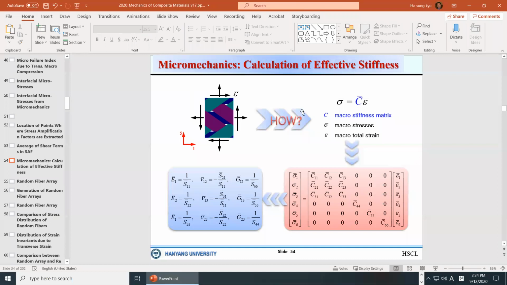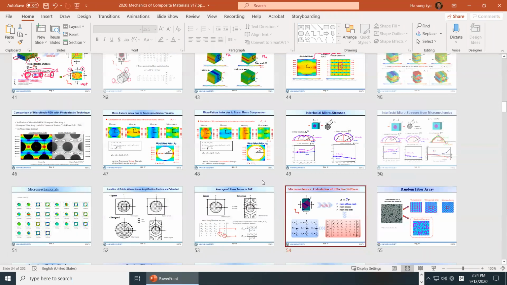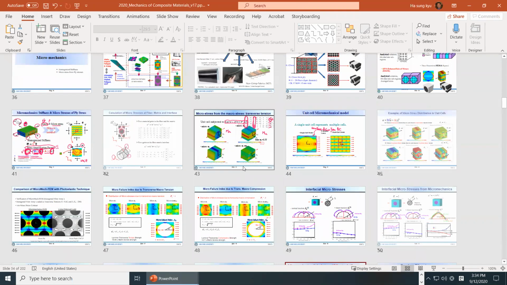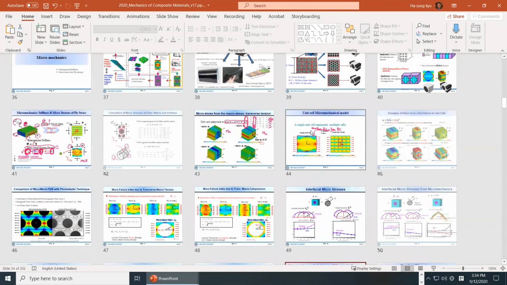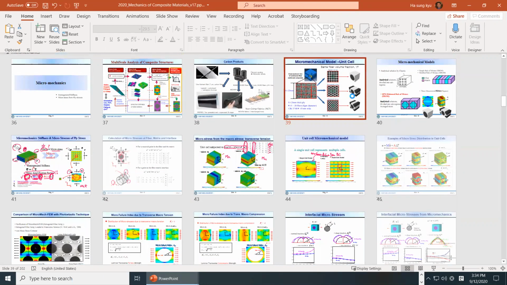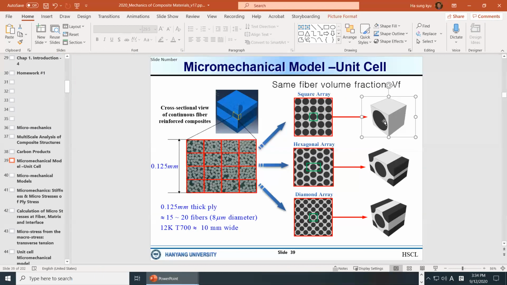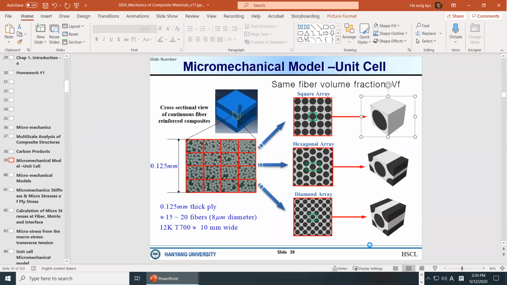What we do is that, again, for example, we're going to use this one as the unit cell.